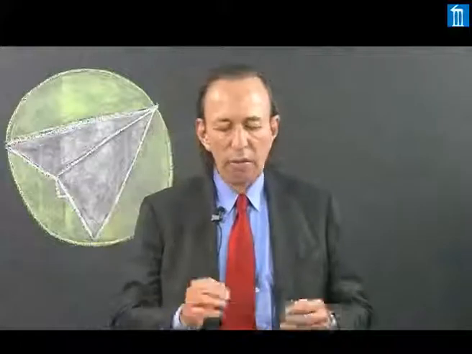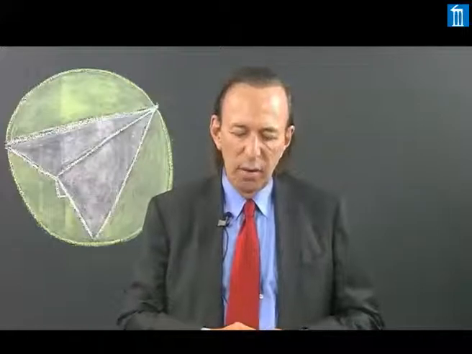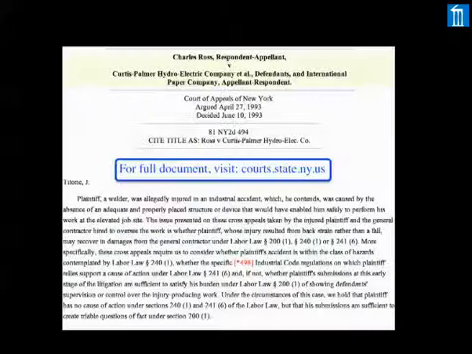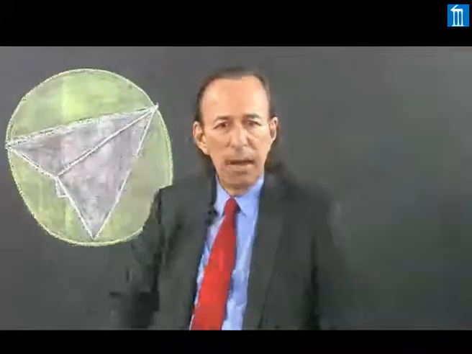And the language comes directly from two cases. One is Ross versus Curtis Palmer, which was decided by the Court of Appeals in 1993. It's cited in the materials within the Runner decision. And in Ross, some of you may remember, this worker is way up on a building on a scaffold, and he has to bend over because of the way the scaffold is positioned.